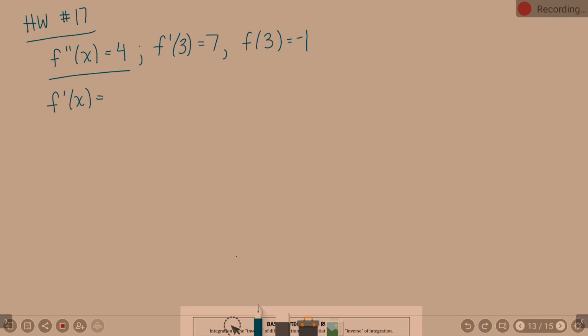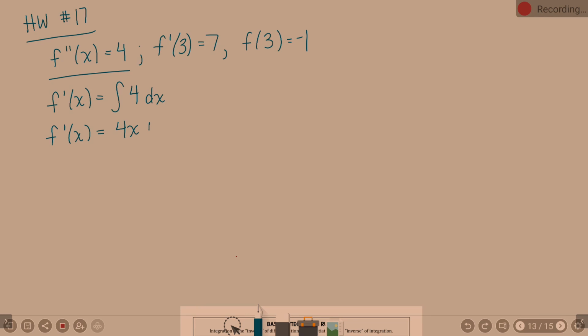If we're going from second derivative to first derivative, in order to find the first derivative, you're going to be integrating the second derivative, yes? What is the integral of 4? So my first derivative is going to be equal to 4x plus c.